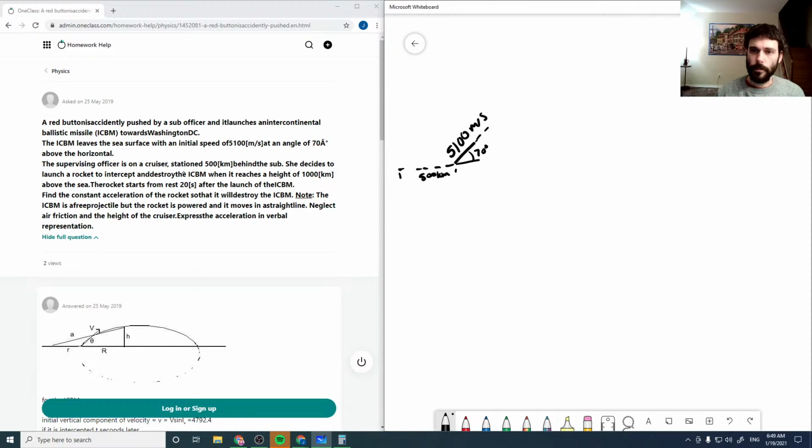So this ICBM is going to be in parabolic motion. And then at 1,000 kilometers, sorry, then we want our rocket to slam into it.